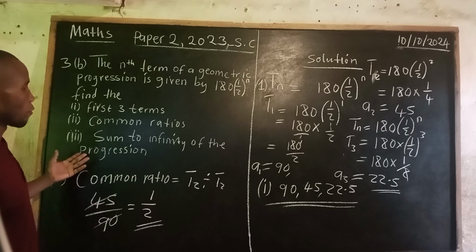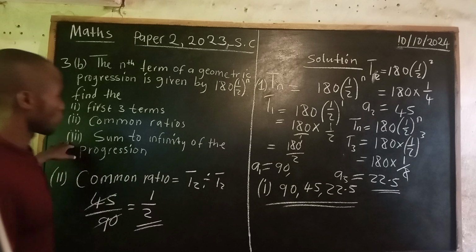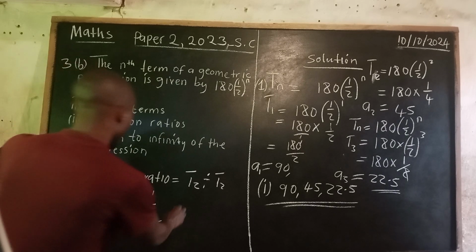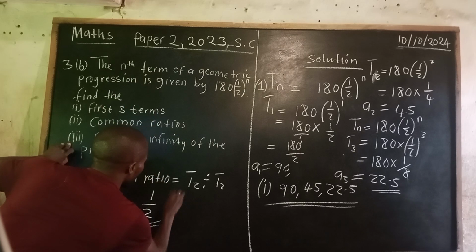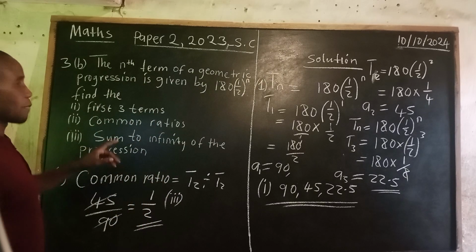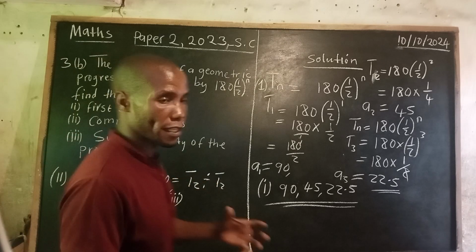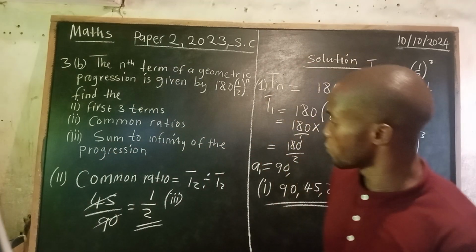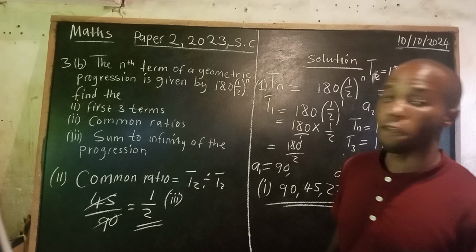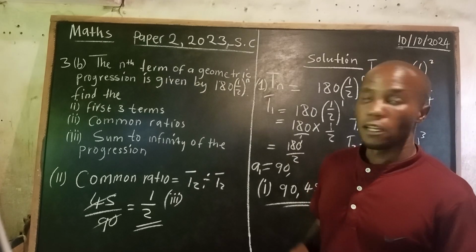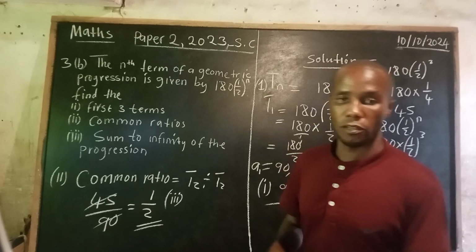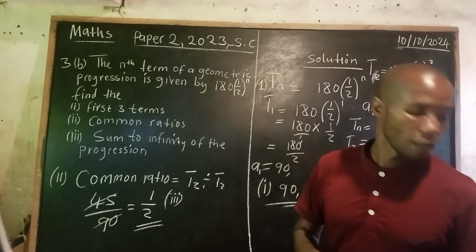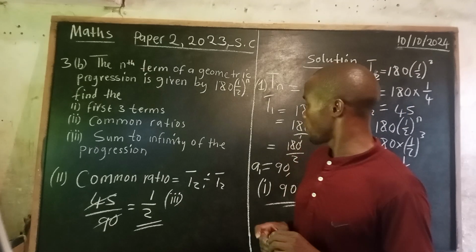Then we go to the last part of our question, which is part 3. For the sum to infinity, there is a formula that you are supposed to use. The way they set examination questions this time around, formulas are there on the cover page.